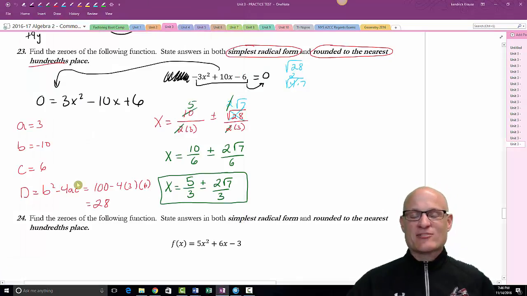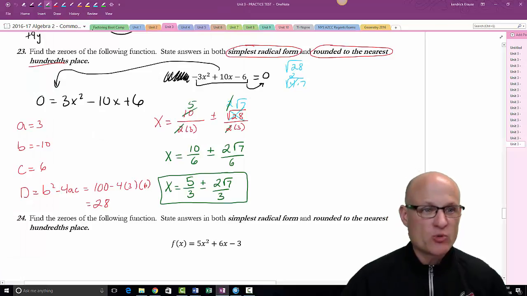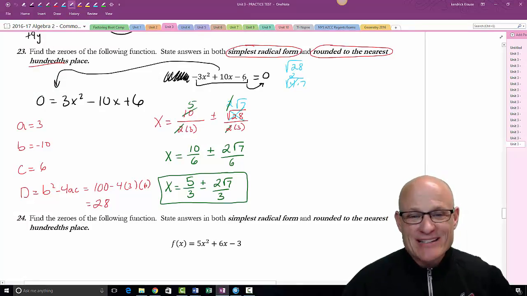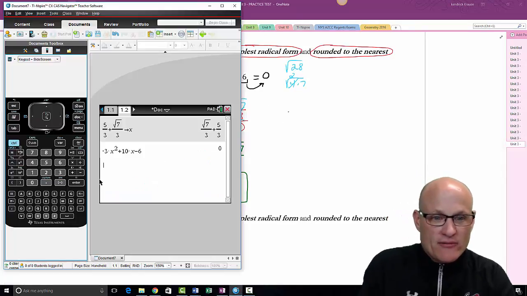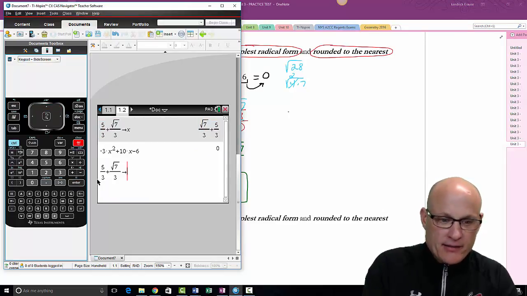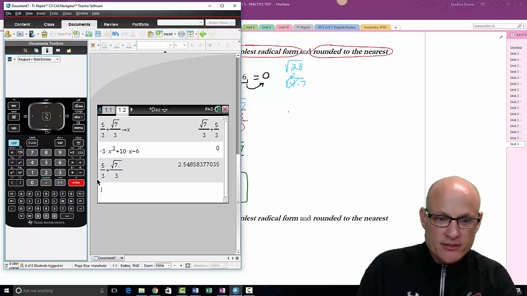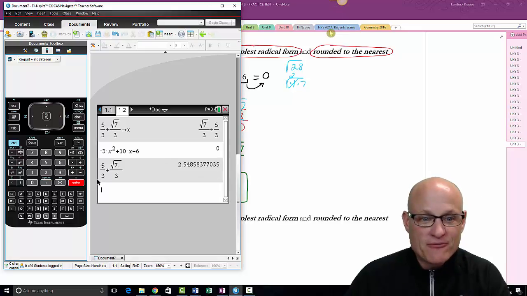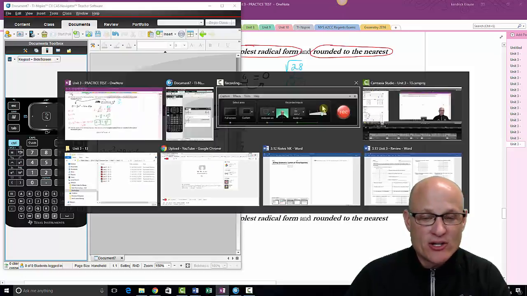Now I said I want the answer in simplest radical form. That's the green answer. I also wanted the decimal answer. Okay, well, if I want the decimal answer, I got to come up here and see what this is as a decimal. And I type this in my calculator, I get 2.548. I said rounded to the hundredths place.